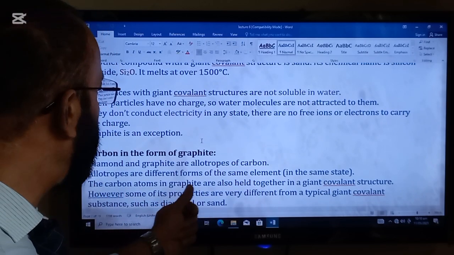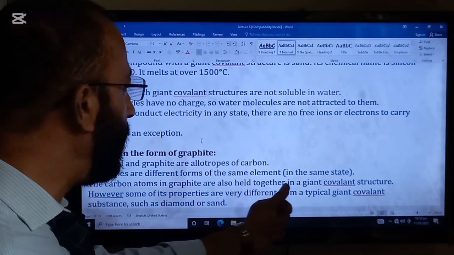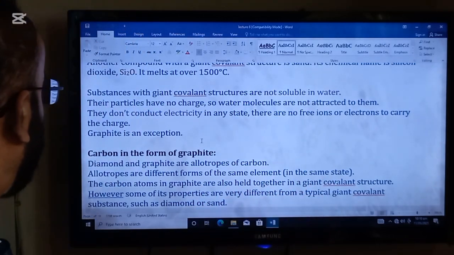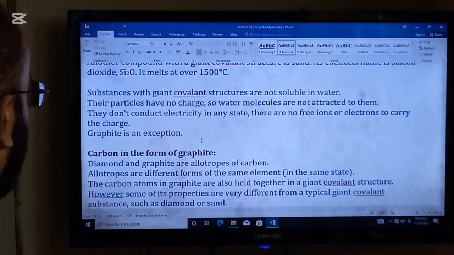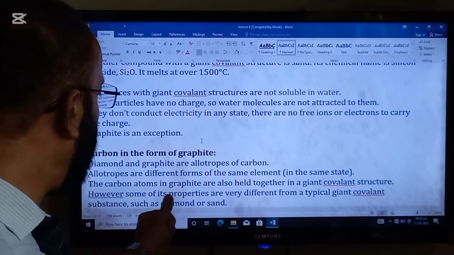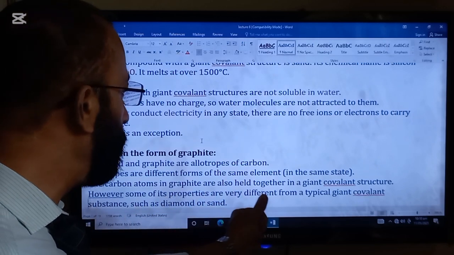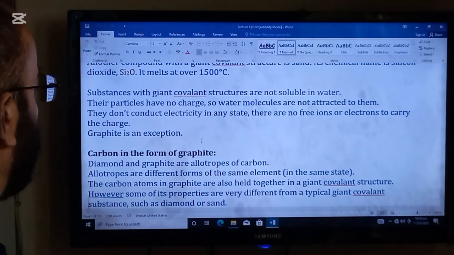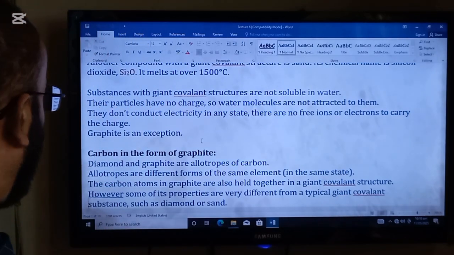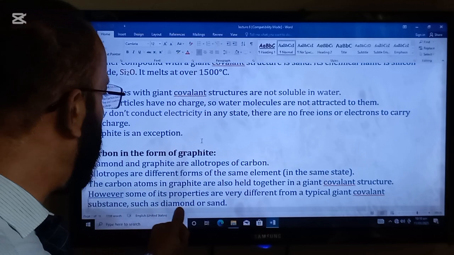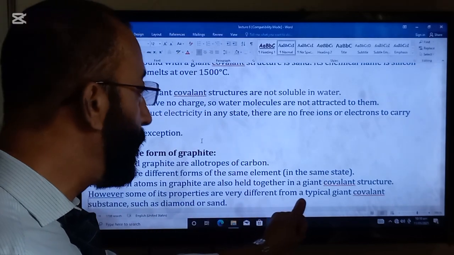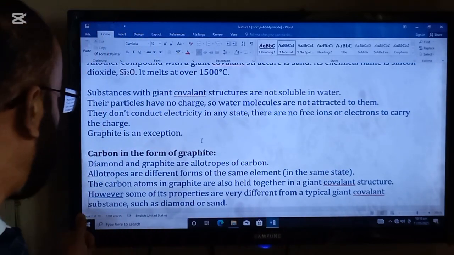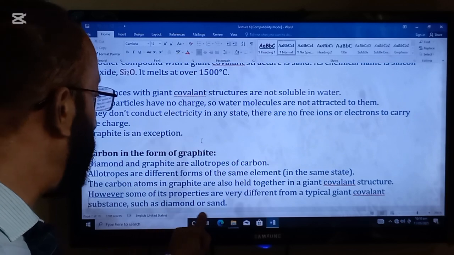Allotropes are different forms of the same element in the same state. The carbon atoms in graphite are also held together in a giant covalent structure. However, some of the properties are very different from typical giant covalent substances such as diamond or sand.